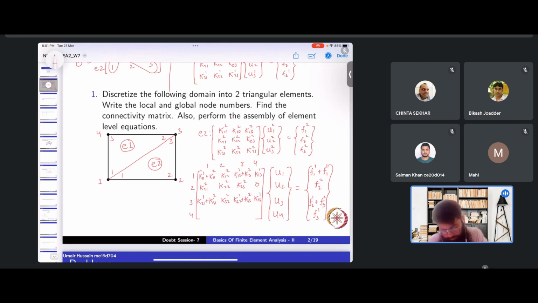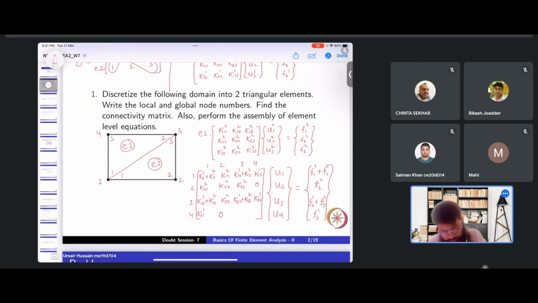Then again, what else we have? 4, 1. 4, 1 is connected in element 1. So we have K31 for 1. And 4, 2, again, 4 and 2 are not connected. So we just write a 0 here.